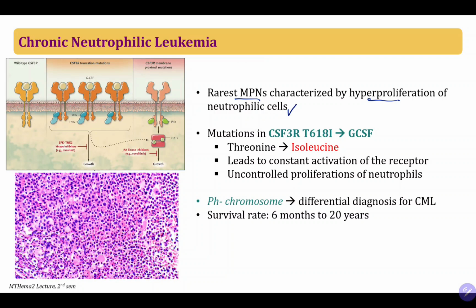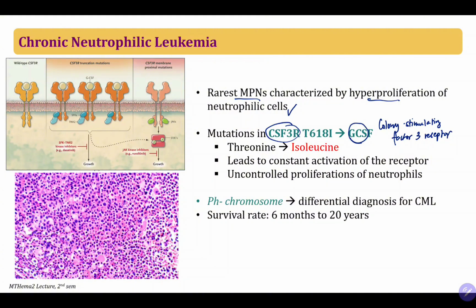Now, 80% of cases are due to mutations in the cytokine CSF3R gene, which stands for colony stimulating factor 3 receptor. Okay? Now, this CSF3R receptor is a receptor for your GCSF, or your granulocyte colony stimulating factor.